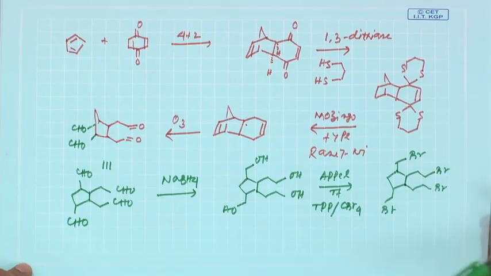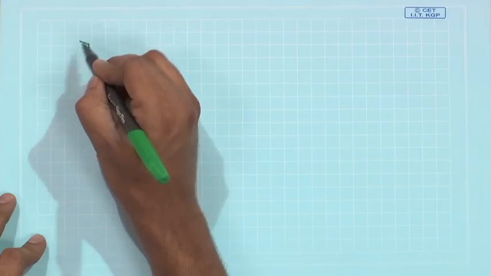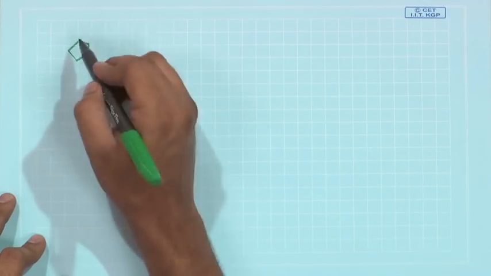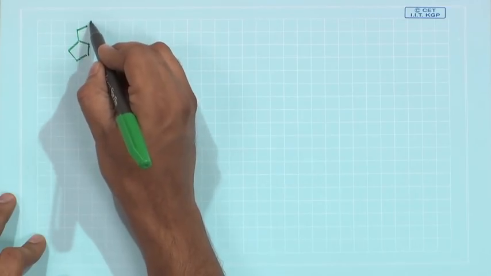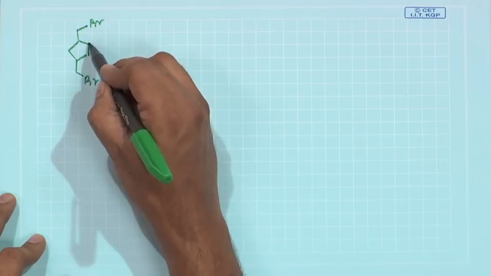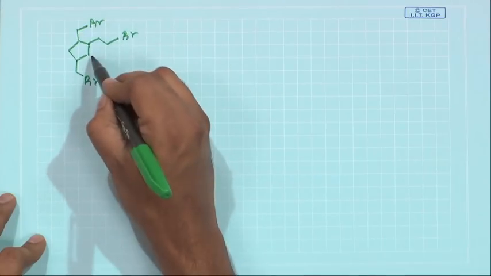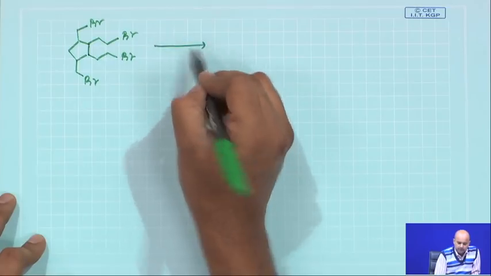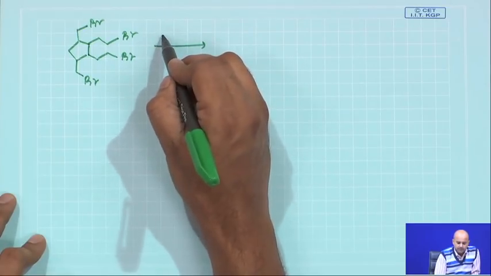Now, once you have this tetrabromo, your next job is very simple, and the next job is basically that you have to now remove this bromo with hydrogen to achieve the target molecule. So, basically we need a dehalogenation reaction, and in principle you can do this reaction in a variety of ways.